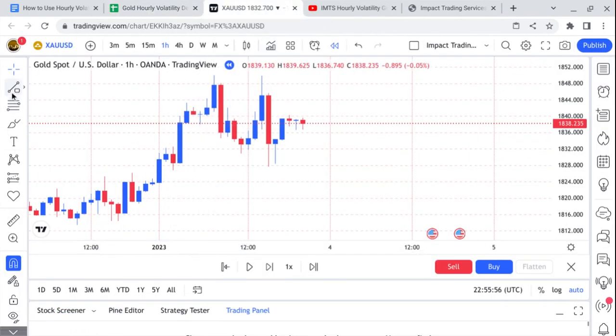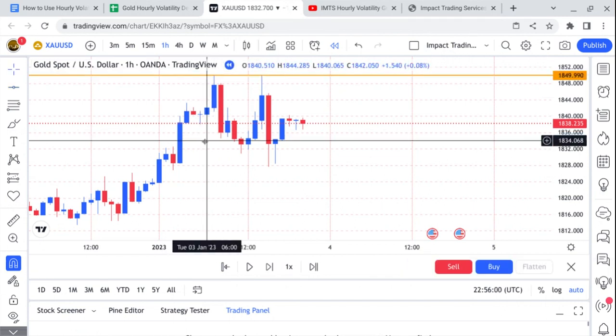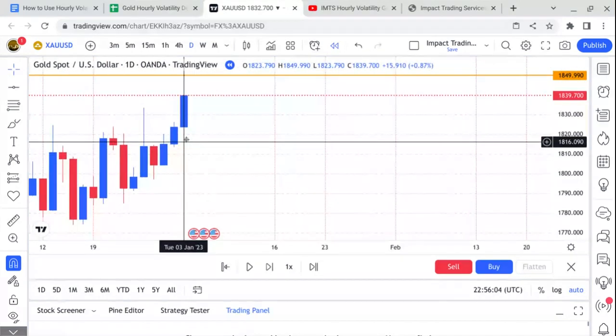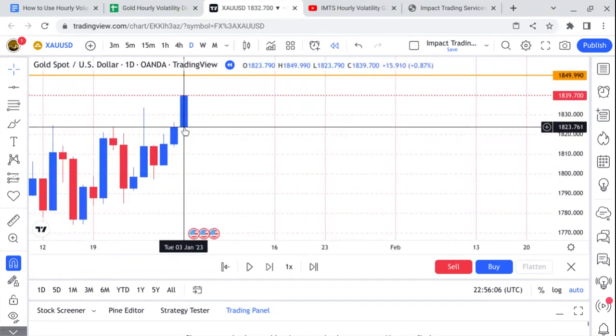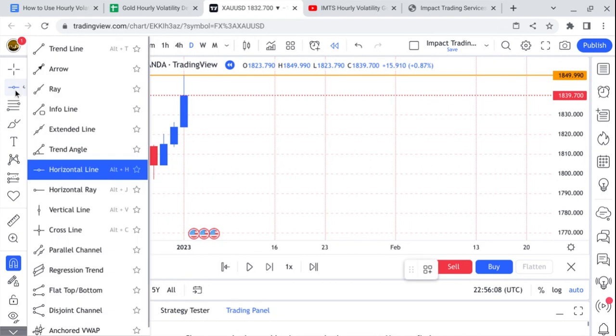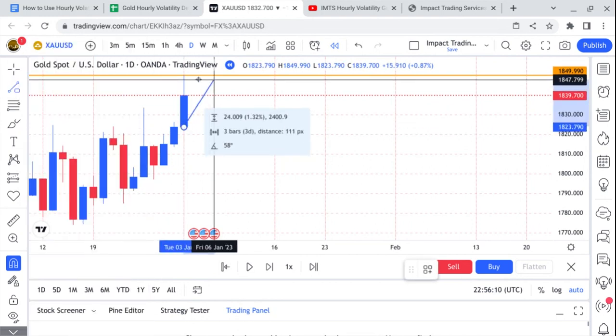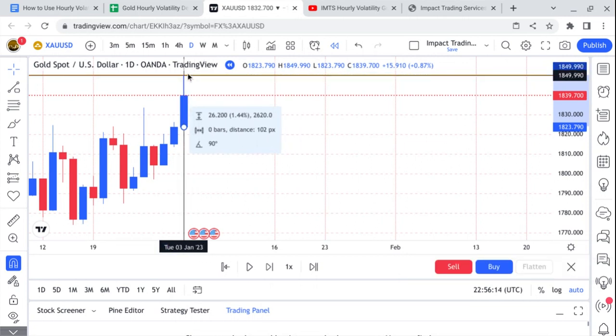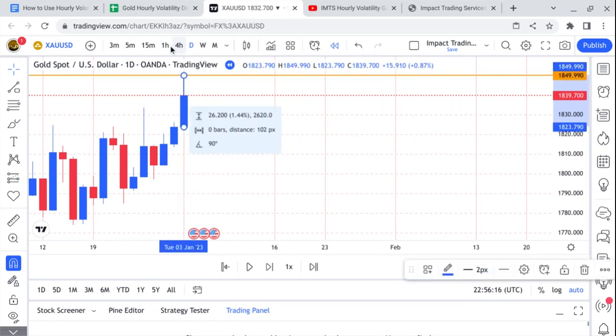This day has already moved. We'll go to the day. January 3rd has moved 2,600 pips already once this New York session starts. How do we know that?